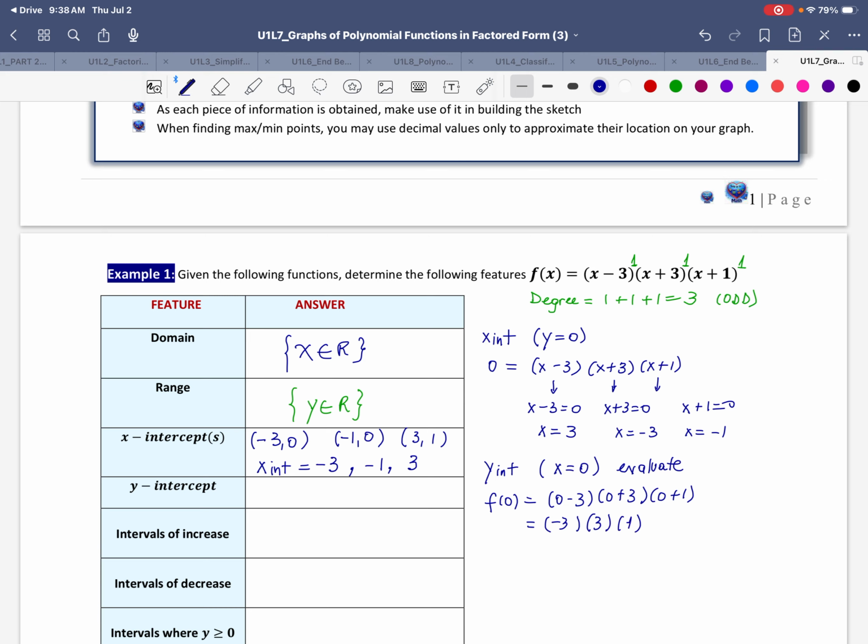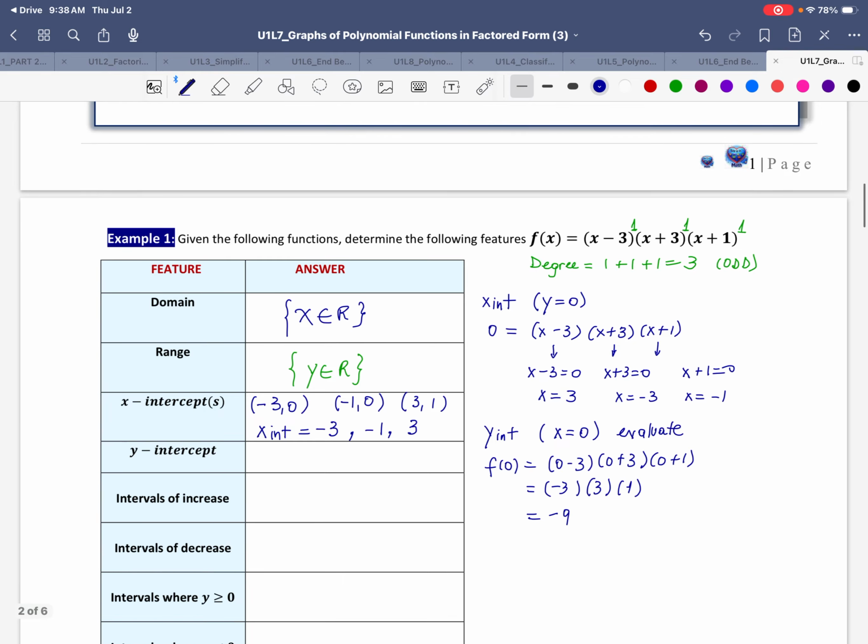It means that the y-intercept is practically the product of the constant terms in a function. And these are very important patterns to recognize, because they will help you to factor polynomial functions in the upcoming lessons. So as you can see here, we have the y-intercept of negative 9. Again, we can write this as an ordered pair, (0, negative 9), or we can simply state that the y-intercept is negative 9.